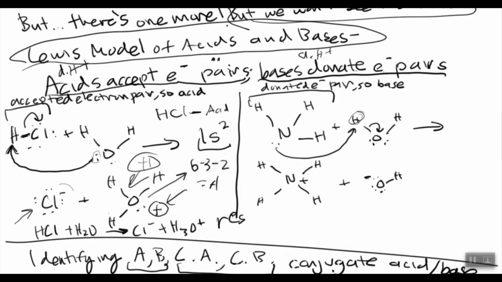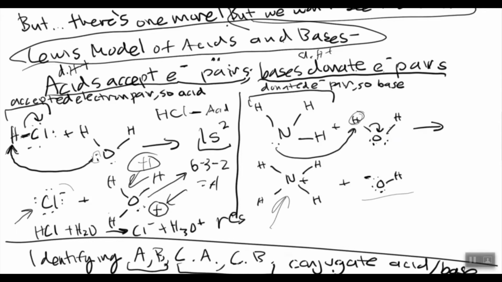So in order to keep track of the charges, whenever it grabs an H, it's like grabbing an H plus. So you become plus 1, more positive, and the one that accepts the electron pair will be more negative. So in this case, this over here will accept that electron pair located in the bond, and that will make it more negative.